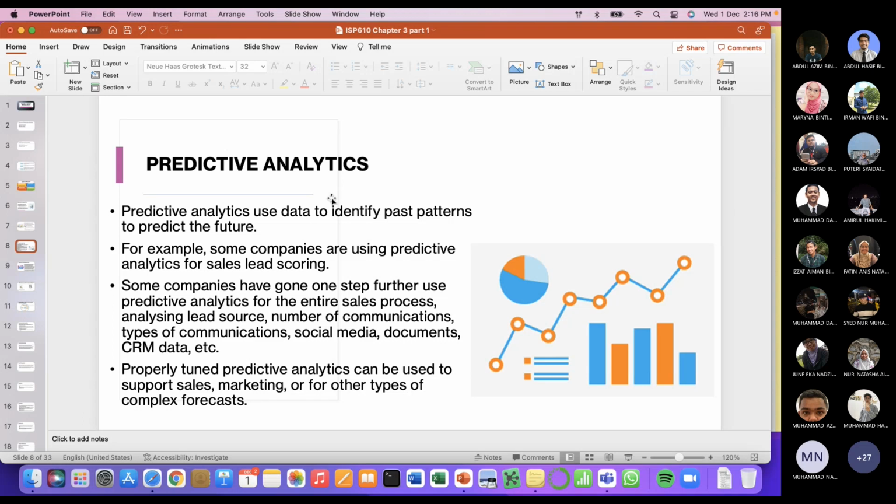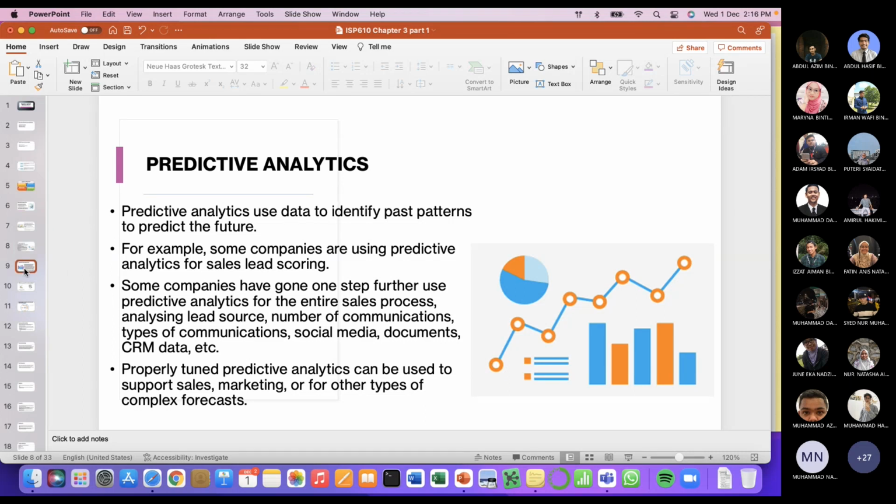For example, kat situ dia boleh predict the entire sales process. They can analyze the lead score, number of communications, types of communications, and many more. So that they can have proper planning for their marketing strategy untuk support sales, untuk increase their profit, untuk make their management process tu efficient. Okay.